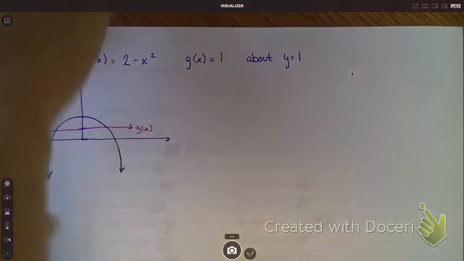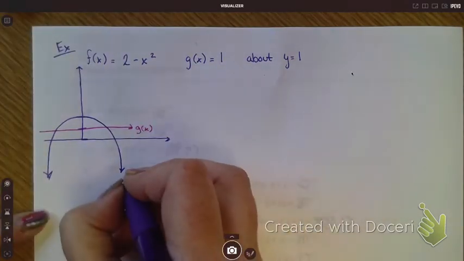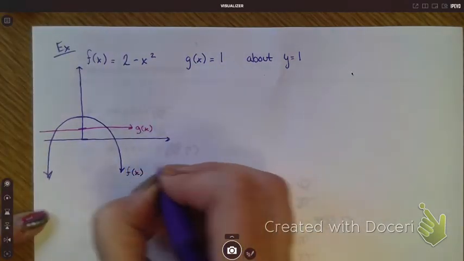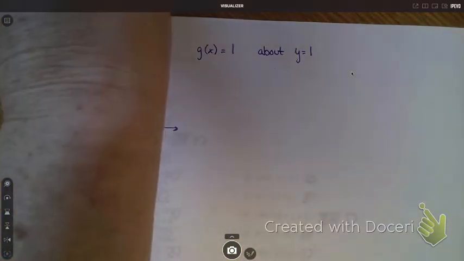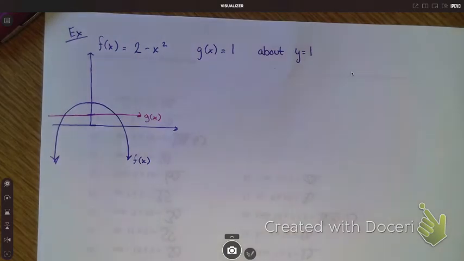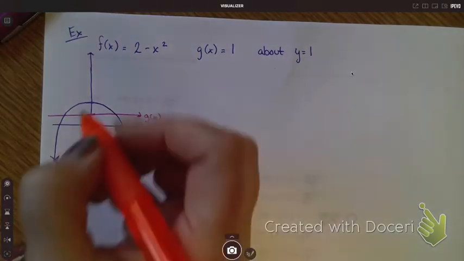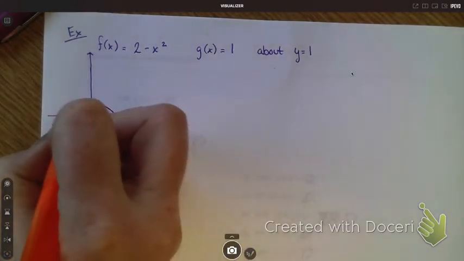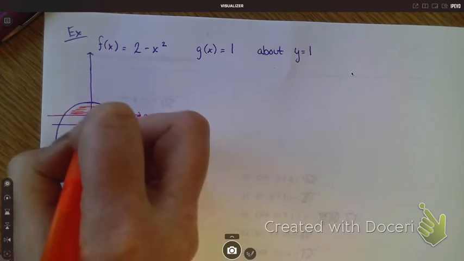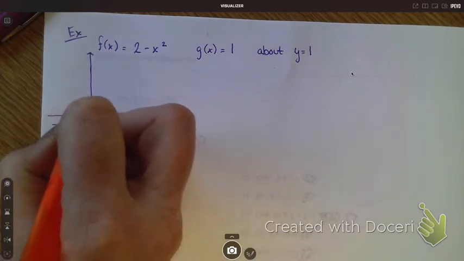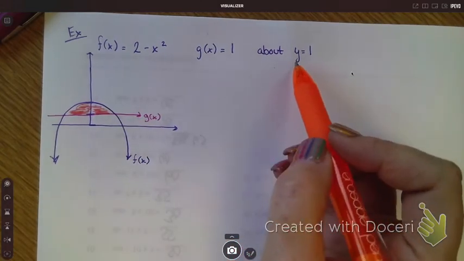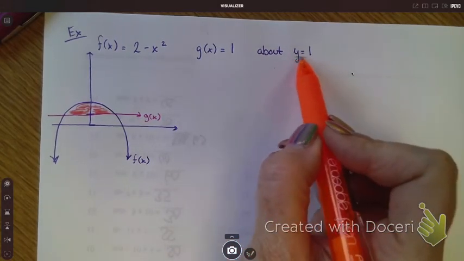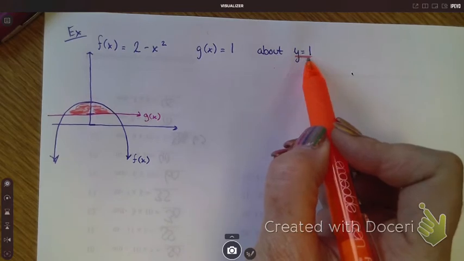Did the colors help? Now, if I want the region bound by these two, then we're just right here, aren't we? This stuff. So I'm going to take this, but I'm revolving it about what? The y equals 1.